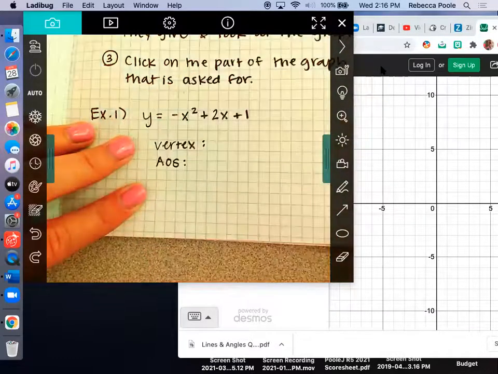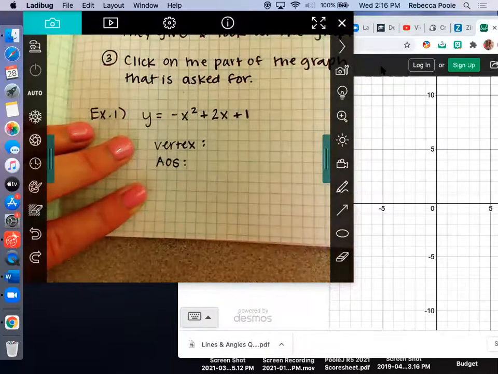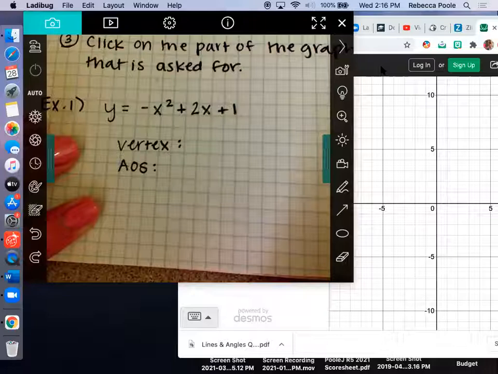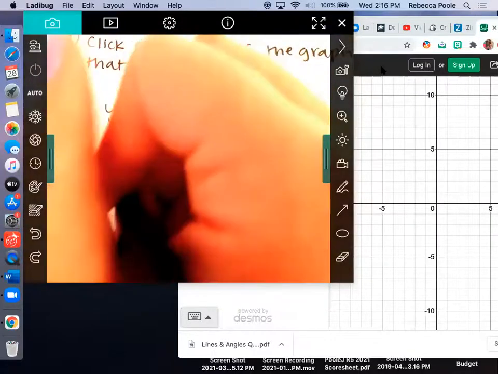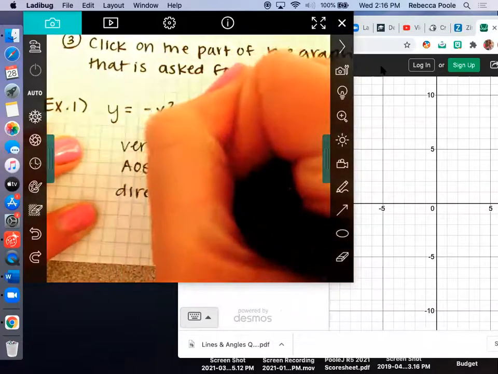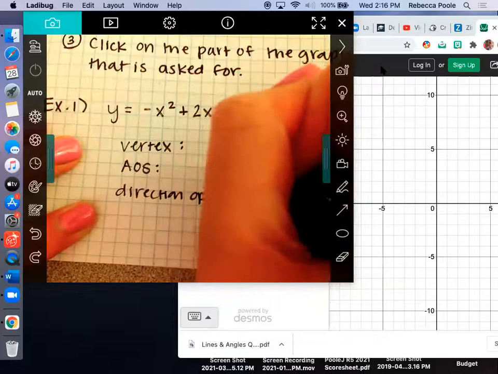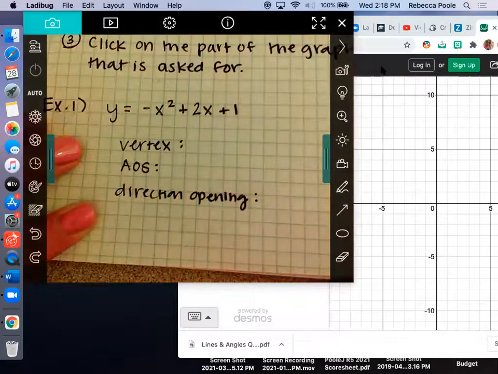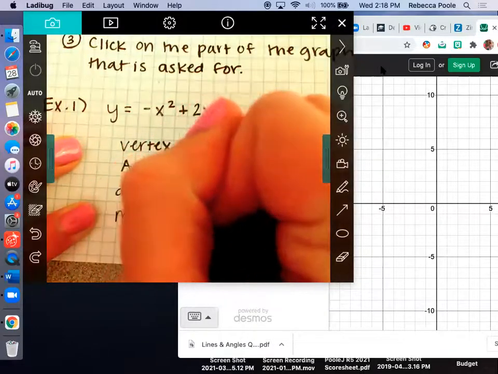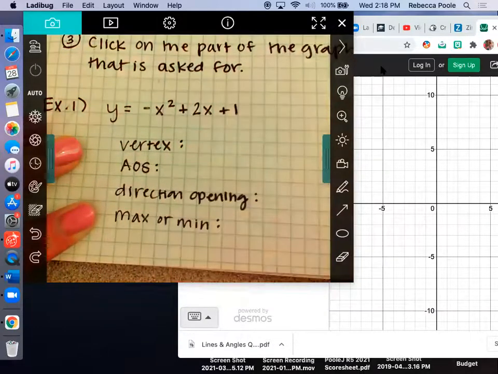Are y'all fine if I abbreviate that? Okay, I'm not trying to write out axis of symmetry. Very long. And let's do direction of opening and max or min.